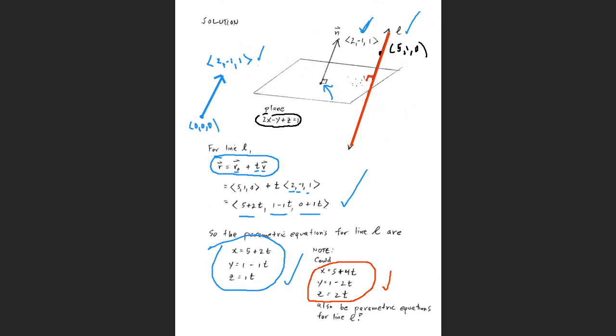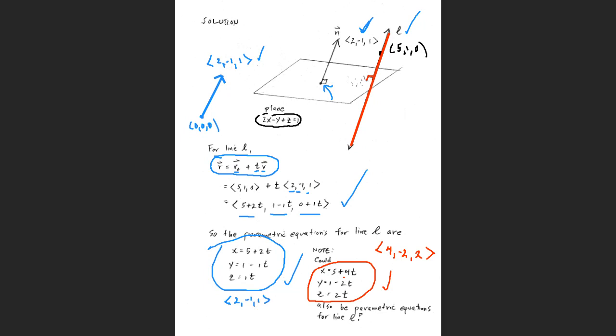Those parametric equations are for a line that passes through the point (5, 1, 0) but is parallel to the vector (4, -2, 2). The other parametric equations also describe a line that passes through the point (5, 1, 0) and is parallel to the vector (2, -1, 1).